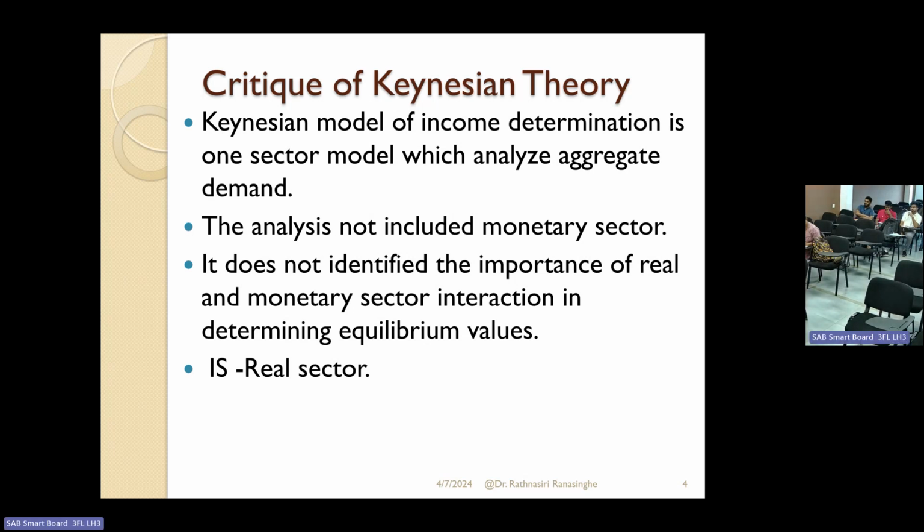Now here IS, as I mentioned, is the real sector. I means investment, S means savings. L means what? That is the monetary sector. L represents the monetary sector, the financial sector.